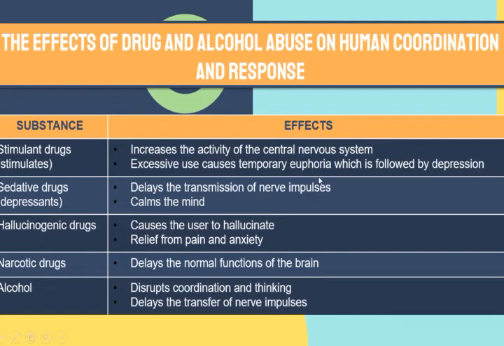Please find out what euphoria is. Euphoria refers to a feeling or state of intense happiness. So this person feels very happy, very excited, and after that it is followed by depression. That is referred to the excessive use of stimulant drugs.